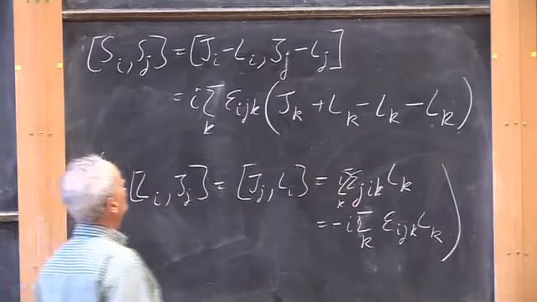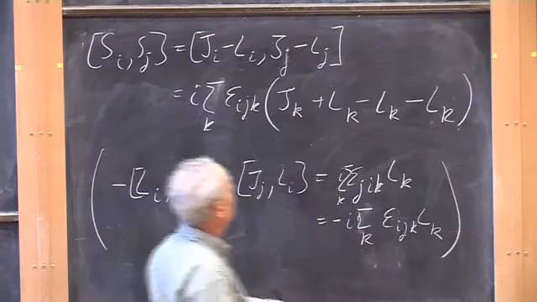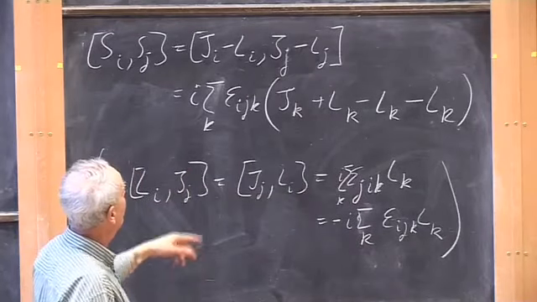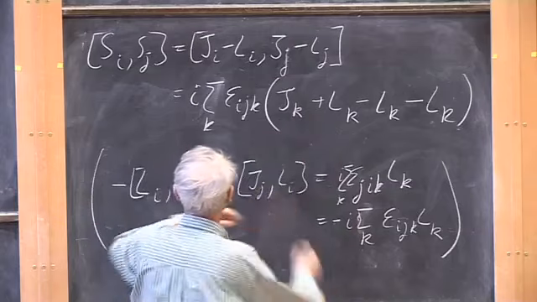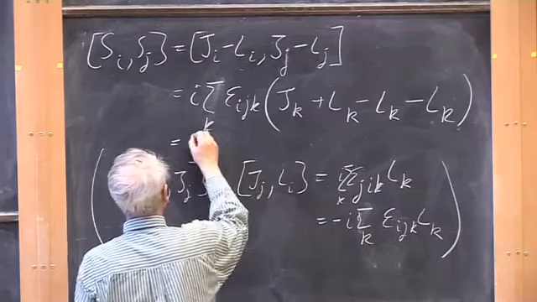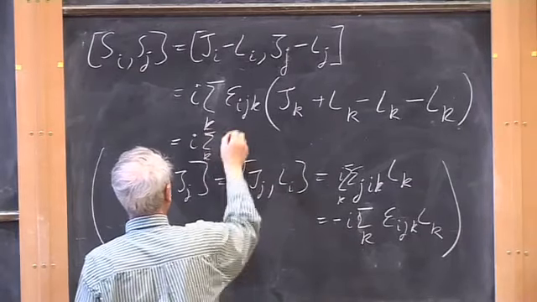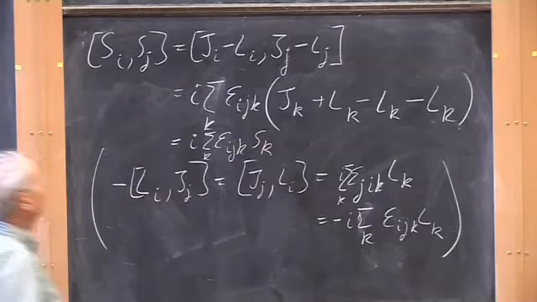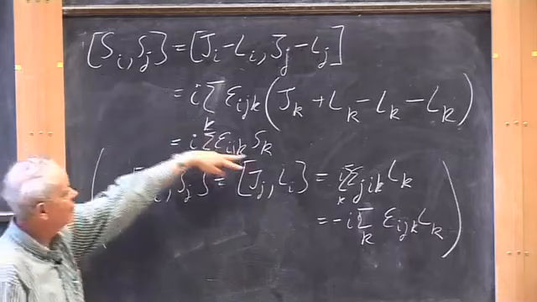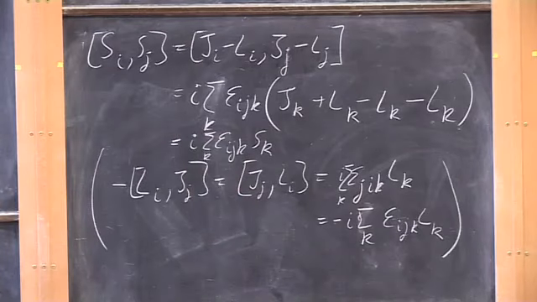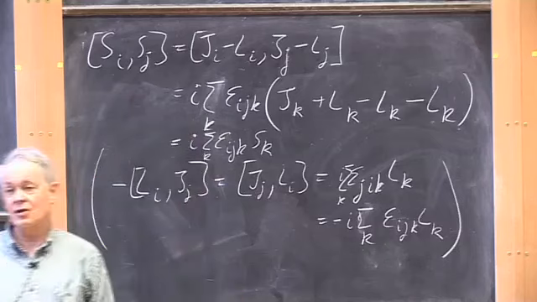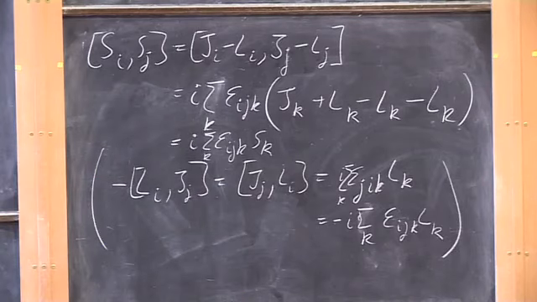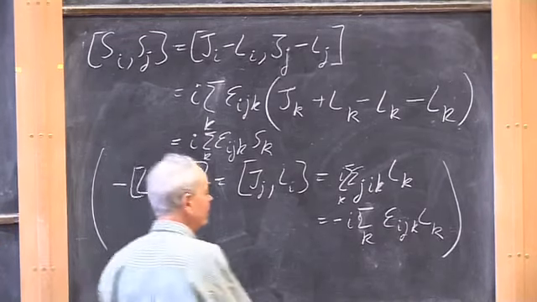So what do we end up with at the end of the day? These three Lk's collapse into just one Lk. It's going to be Jk minus Lk. In other words, this is going to be i summed over k, epsilon ijk Sk. We call these the spin operators. They have exactly the same commutation relations as the J. Therefore, we know what their eigenvalues are.